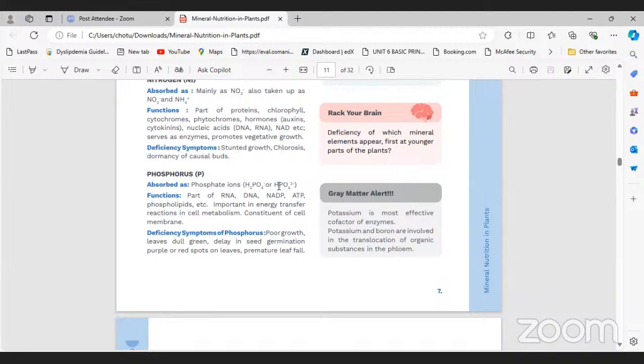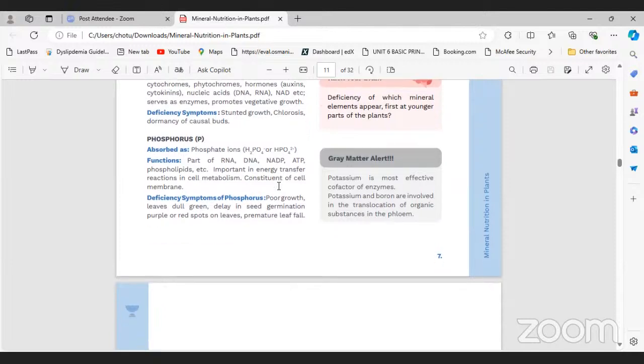Because of their small leaves, early defoliation, and suppressed shoot growth, nitrogen deficient plants are conspicuously thin with sparse foliage and weak flowers. These are the causes of nitrogen deficiency.